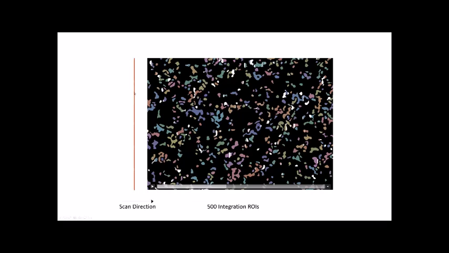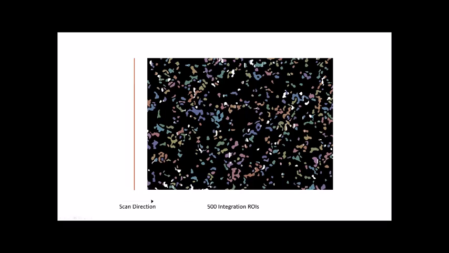As the laser line scans across, it measures the intensity of this particular patch in these columns completely separately from anything else. You don't have to worry about signals being mixed between this patch and another patch. It's just measuring the sum of all the pixels that you care about in your integration ROI.